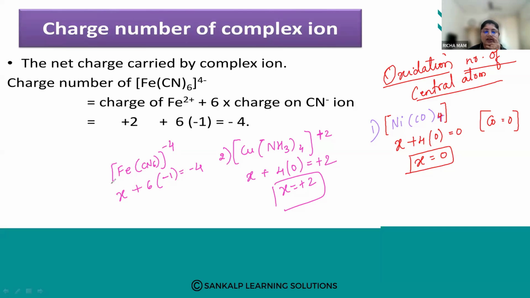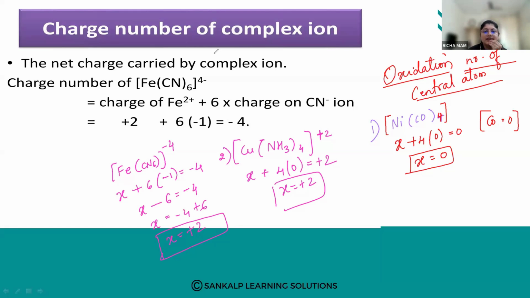So what I have written, I'll take the charge that side. So X plus 6 into minus 1, so X minus 6 is equal to -4, X is equal to -4 plus 6, X is equal to plus 2. So the charge I'm getting is plus 2.